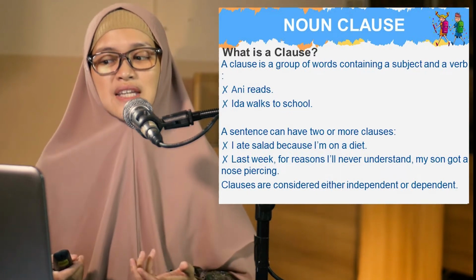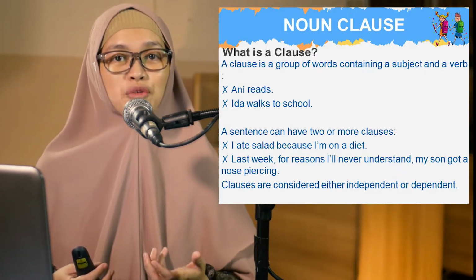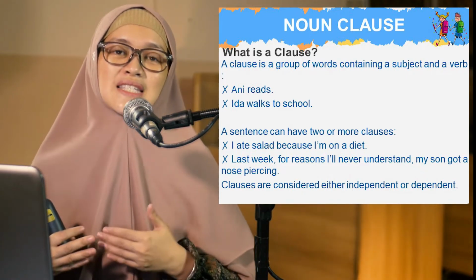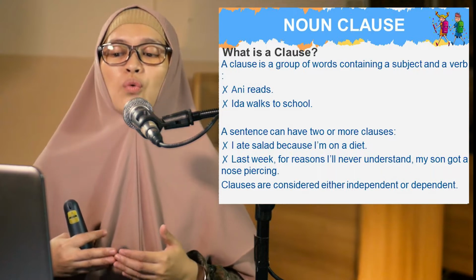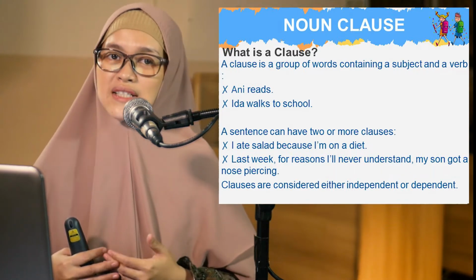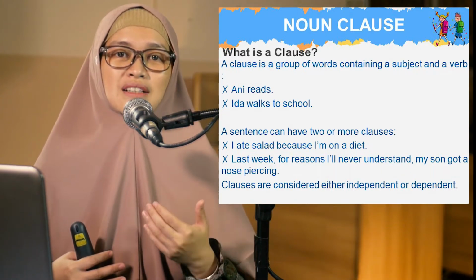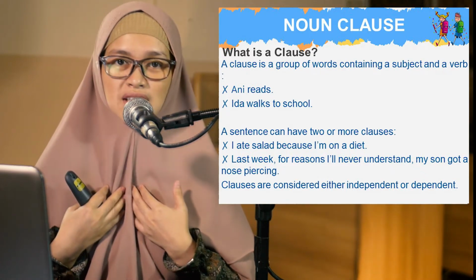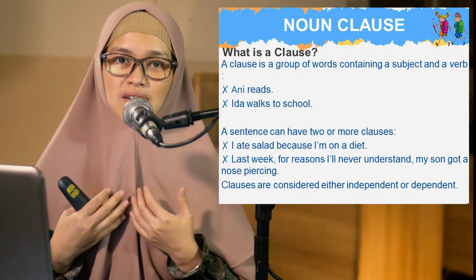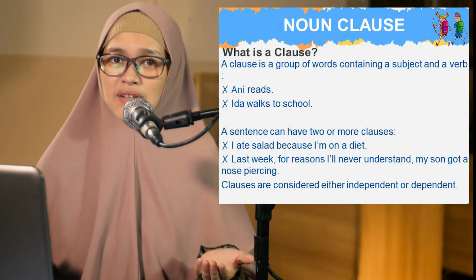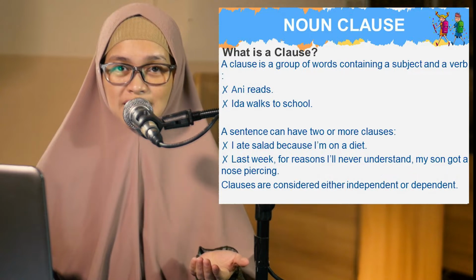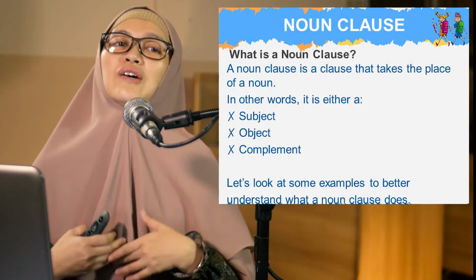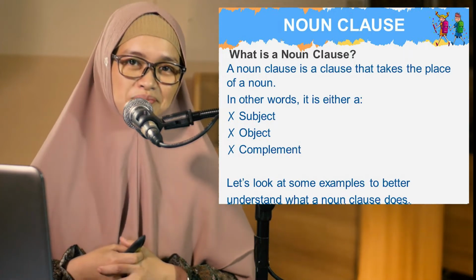Which one is the independent and which one is the dependent one? Last week, my son got a nose piercing is an independent clause, while for reasons I'll never understand is a dependent clause because it cannot stand alone. You cannot understand the meaning of for reasons I'll never understand. What do you mean by that, right?